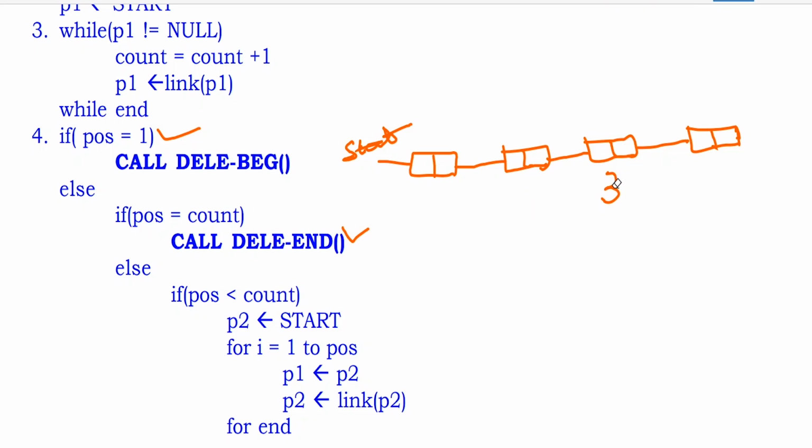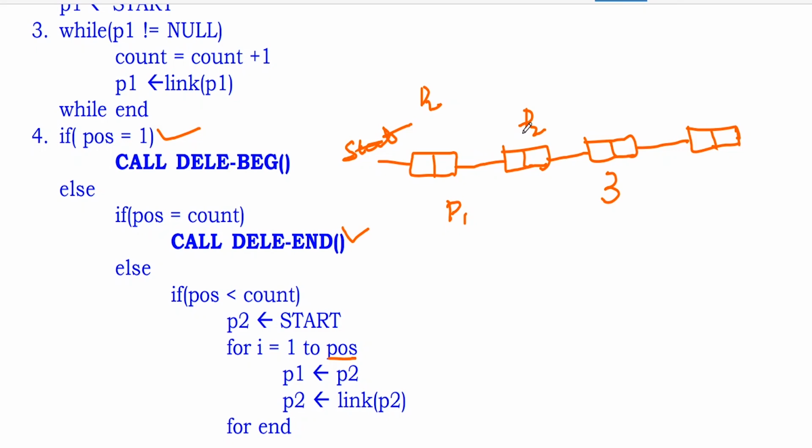Now if you want to delete this, I have to traverse exactly as we did before. For i equal to, there we went till the end, null. Here we do not take null, we go up to the given position. First, as usual, P2 starts, and when P2 jumps here, we have copied P1.